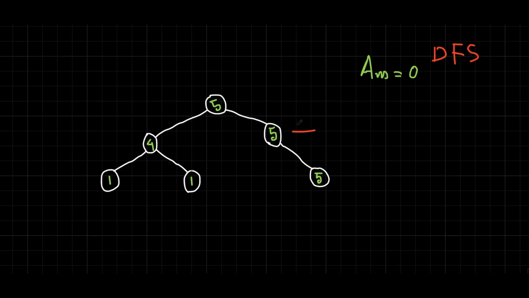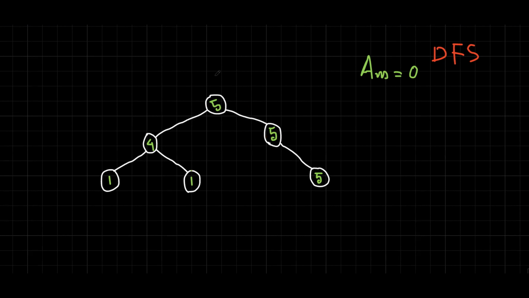Suppose our DFS is currently here. We have to compare the current node value with its parent value, and if they are equal, we take this path into consideration. So this is the first intuition: for each DFS call, we need the parent value.